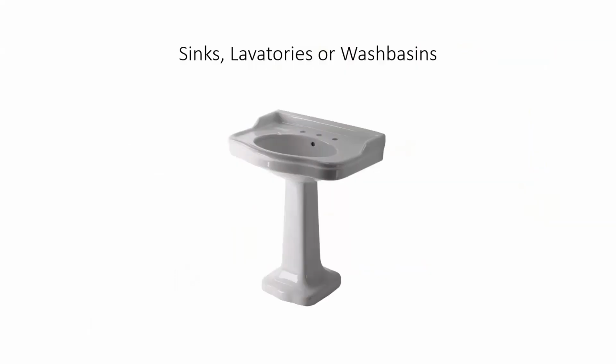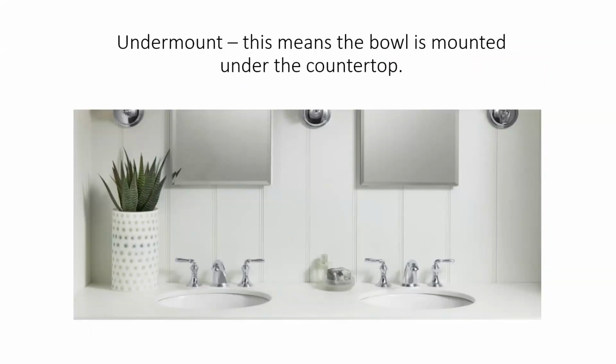All right, so let's move on to sinks, lavatories, or wash basins. So lots of options here, and this is where we get into quite a few different scenarios. Looking at the fixtures for sinks and wash basins and lavatories, we have one of the most popular choices here, which is an undermount.